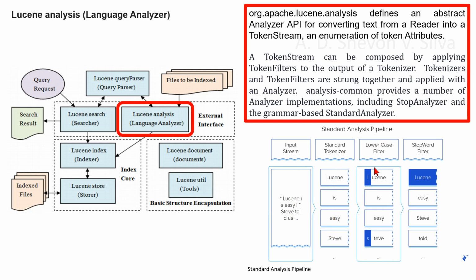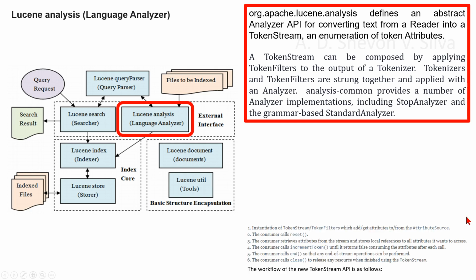The input stream is connected to the standard tokenizer. The standard tokenizer is connected to the lowercase filter. Here: Lucene, is, easy, Steve, with lowercase l and s. The lowercase filter is connected to the stop word filter. Here: lucene, easy, steve, told. Here you can see the workflow of the new token stream API as follows.